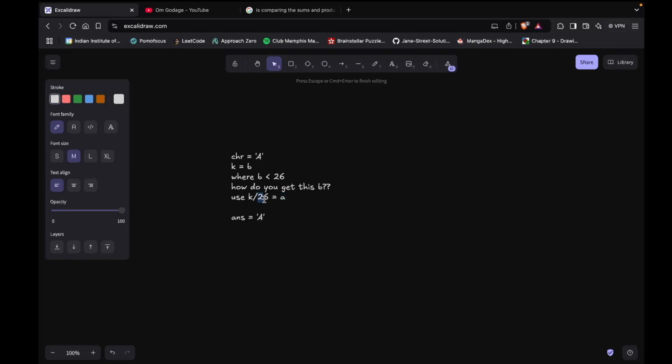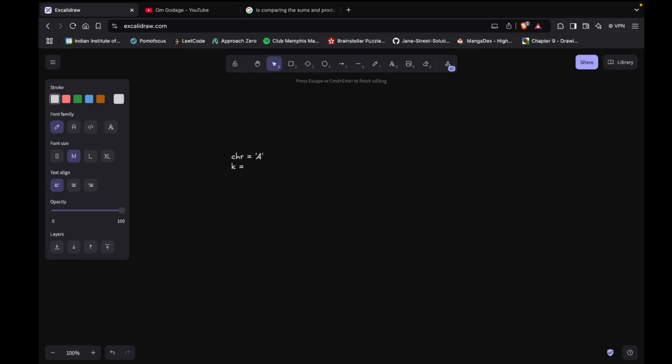Every a into 26 shifts will bring it back to a itself. So you don't need to care about all those shifts, you only need to care about the remainder with 26. That is the only thing that you need to worry about. All the other shifts are useless. Alright, I hope that made sense.